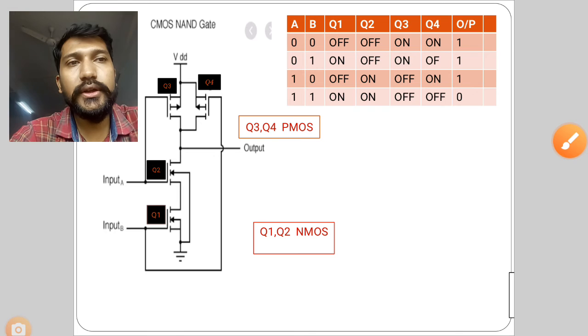Now the last condition: both inputs are 1 and 1.